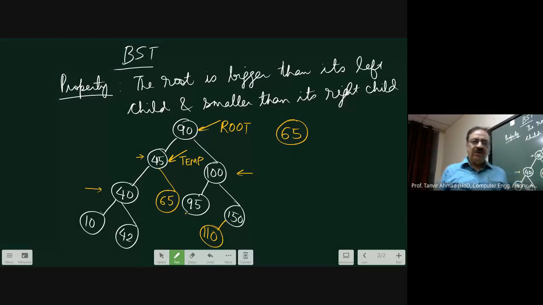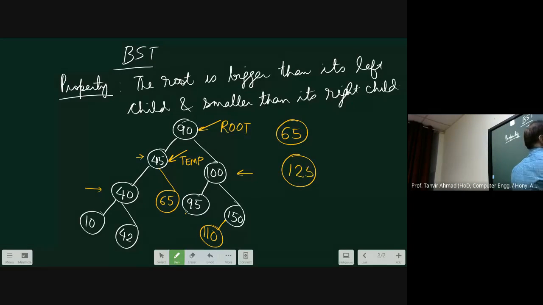Now suppose I want to add a number, say 125. What are you going to do? Again you start comparing with 90. It's bigger than 90, so it will come to this one.